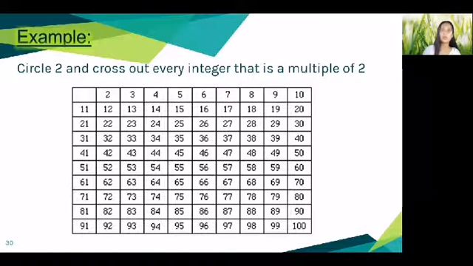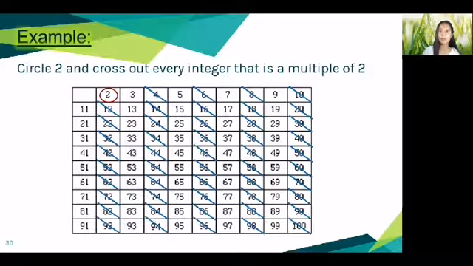The next step is to circle 2 and cross out every integer that is a multiple of 2. When we say multiple of 2, it is any number that can be divided by 2. As you can see, we just eliminated and crossed out numbers that are multiples of 2.